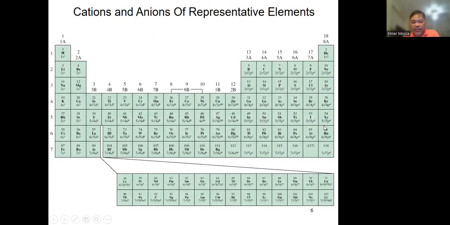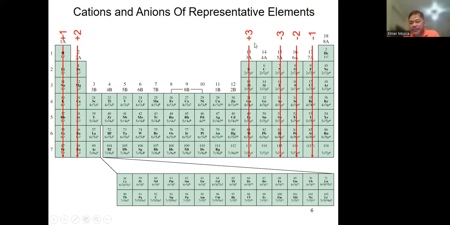So if you're going to look at the cations and anions of representative elements, this is how they look like: +1, +2, +3, -1, -2, sometimes -3.